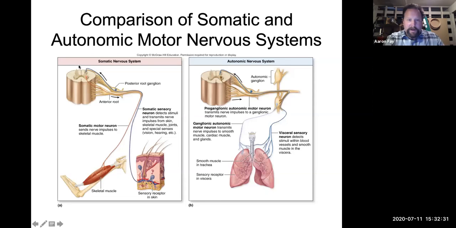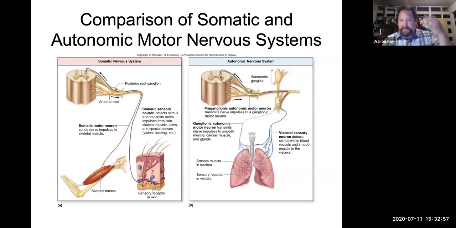So we're going to talk about this first figure right here as a review, and I will bring up this figure again and talk about what's going on the right-hand side. For right now, as a review of the somatic nervous system, it's going to start with some kind of receptor that can pick up a stimulus, an interaction with the outside world, like a Meissner's corpuscle, Pacinian corpuscle, the tactile corpuscle.